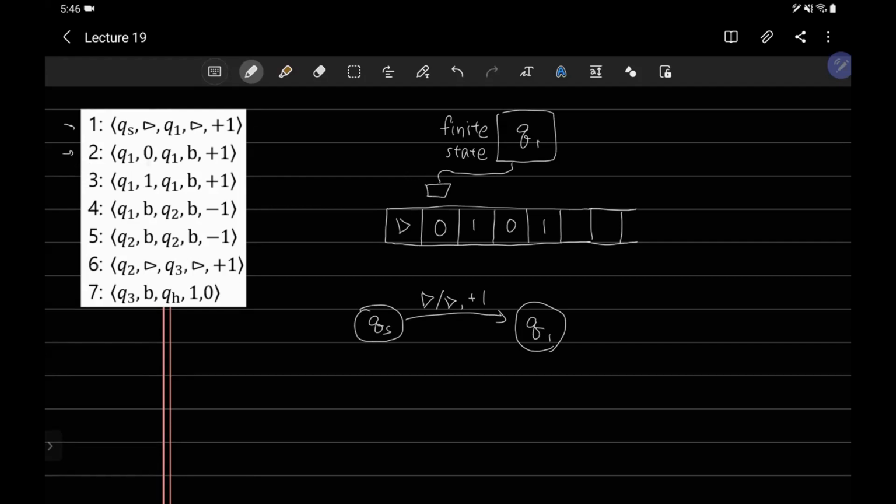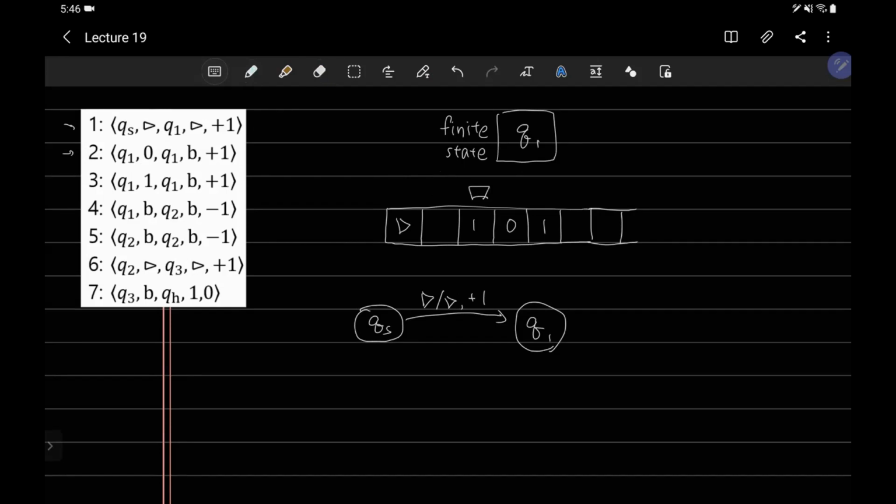So Q1 and the 0, and in this case the state of the machine will still remain as Q sub 1, but the value in the tape will be updated to the blank, which means that this value will be simply erased, and finally the head should move to the right, like this one.